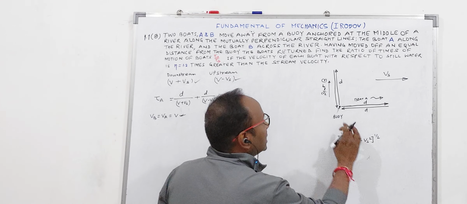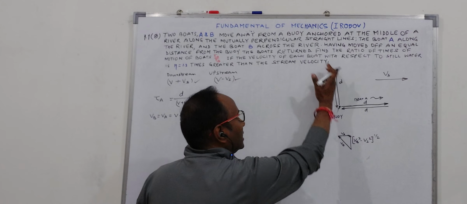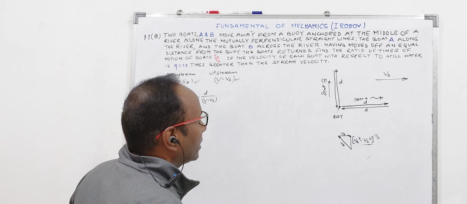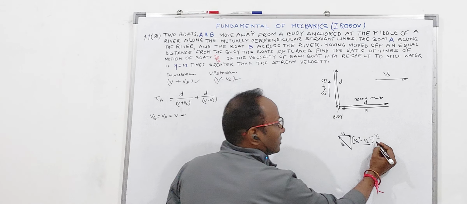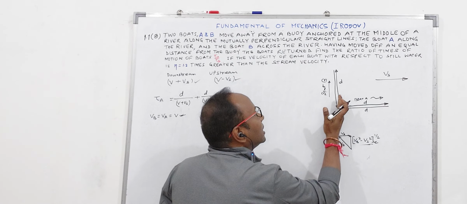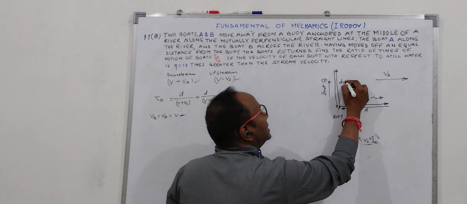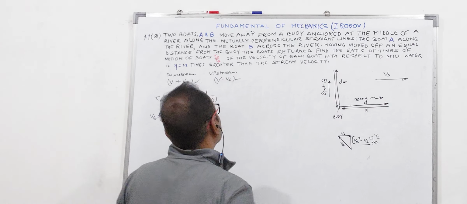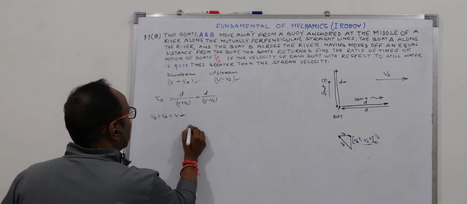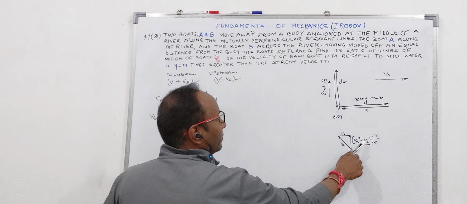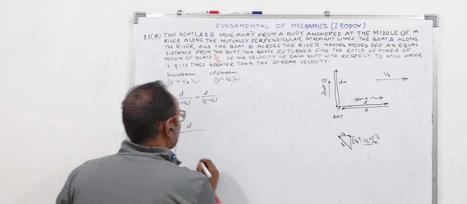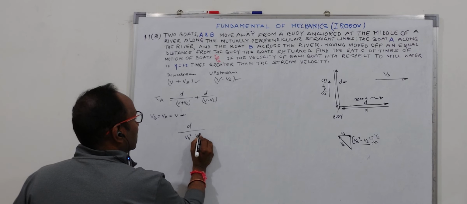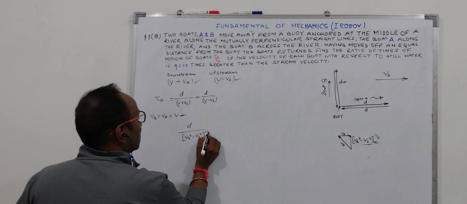With this velocity it is going across the river and covering a distance d. So what will be the time to cover distance d? That time will be d by the magnitude of this, that is under root VB square minus VS square.